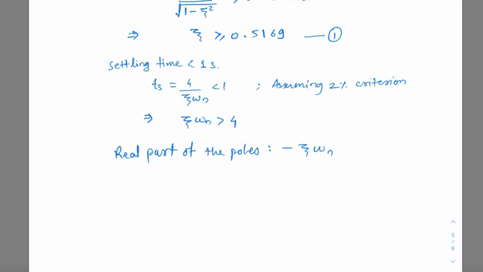So the governing equation is given by y double dot of t plus 3y dot of t minus 2y of t.